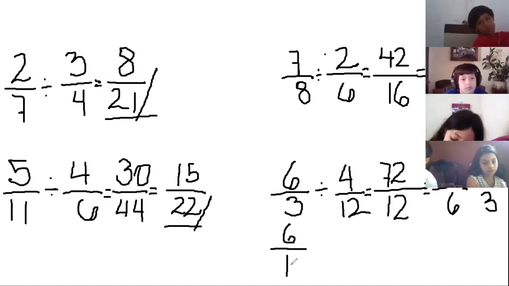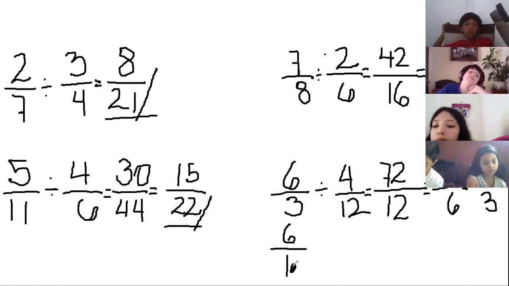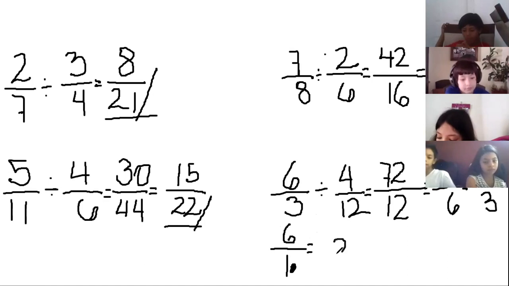In this case, the one is imaginary. You don't need to write it. And I can continue to simplify this because 6 is a multiple of 3. My final answer is 2.